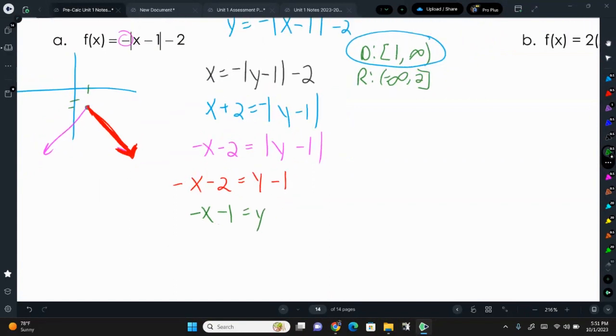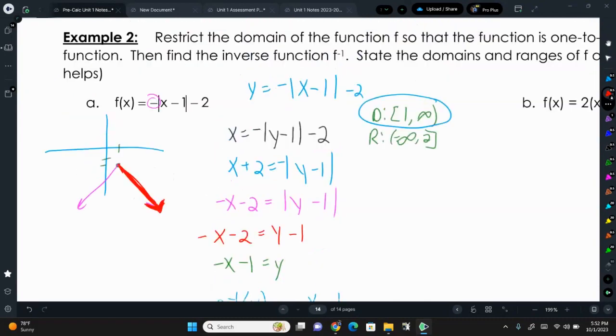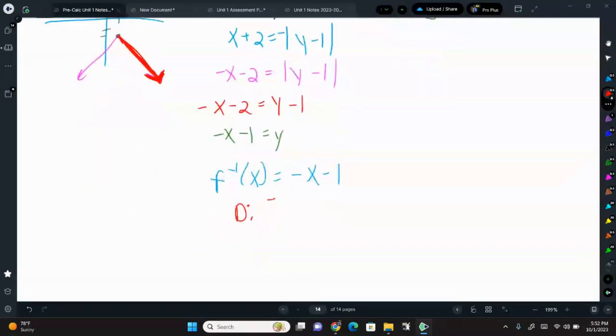So then our inverse is going to be negative x minus 1. And the domain is going to be the range of the original one, negative infinity, comma 2.